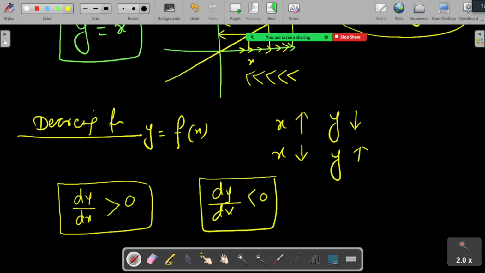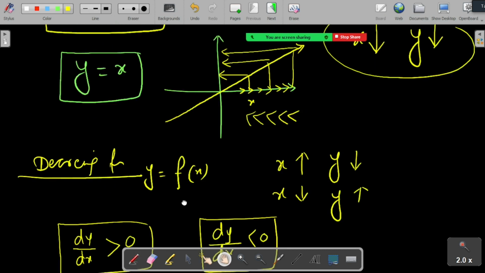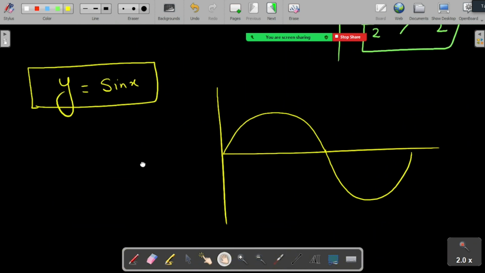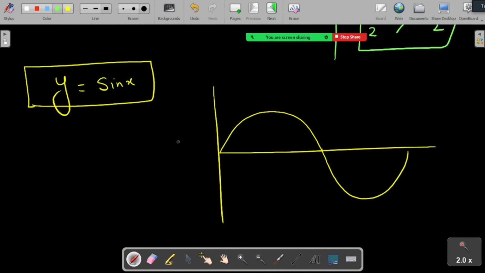It means a function may be increasing for a particular domain, or decreasing for another domain. Let us see what I'm saying. See, y equals sin x is neither completely increasing nor completely decreasing. In some range, or you can say in some domain, it is increasing, and in some domain it is decreasing.